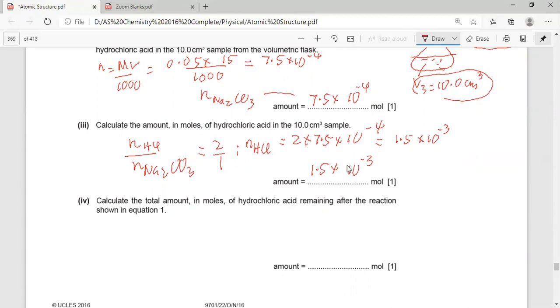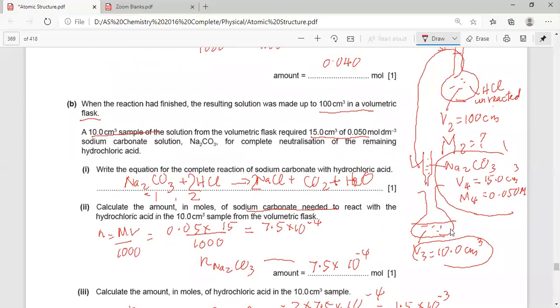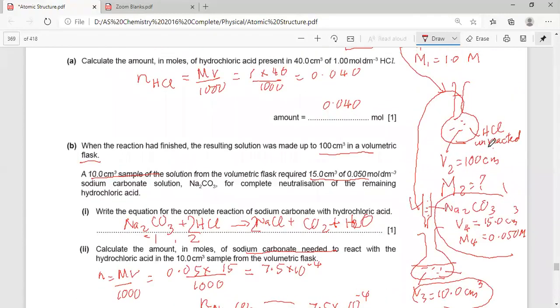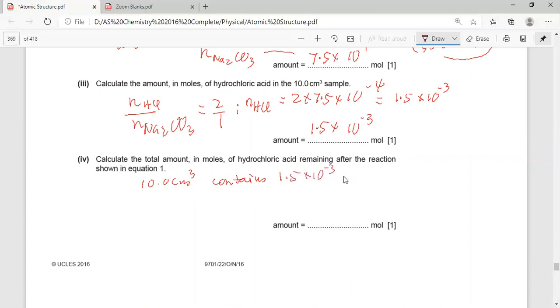Now remember this is in 10 cm cube, but it originally came from 100 cm cube. So here 10 cm cube contains 1.5 times 10 to the power minus 3 moles of HCl.